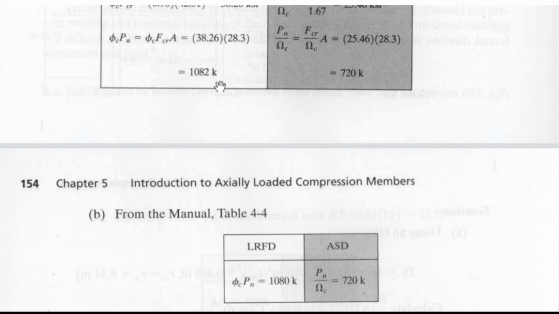That's why we are using 3 significant figures. Using 3 significant figures, 1080. Oh, they are just the same. Using the code table and computation using the formula. So you can verify it by using the formula and looking at the table.